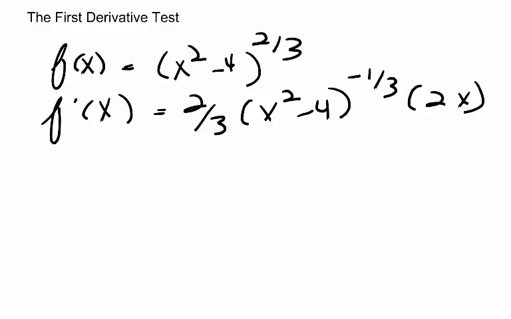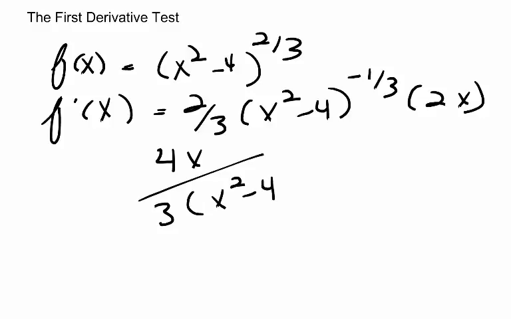This simplifies to 4x over 3 times (x squared minus 4) to the power of 1/3, where 4x was obtained by multiplying 2 times 2x, and we moved our statement (x squared minus 4) to the negative 1/3 down into the denominator along with 3.